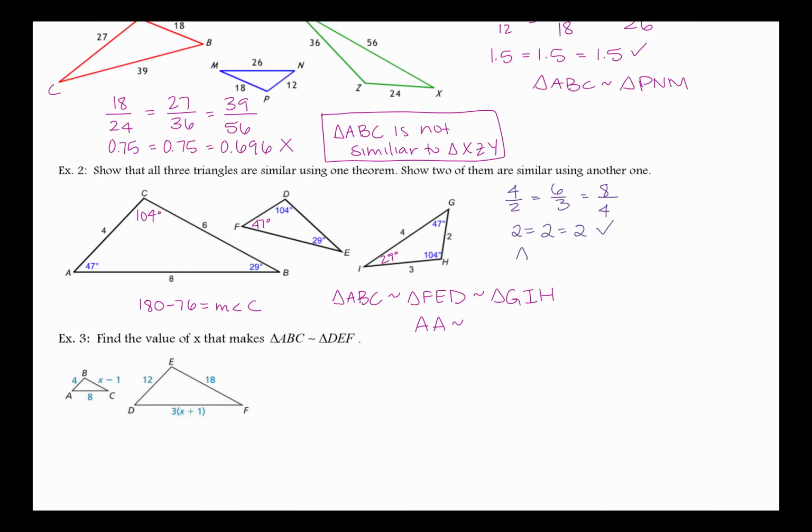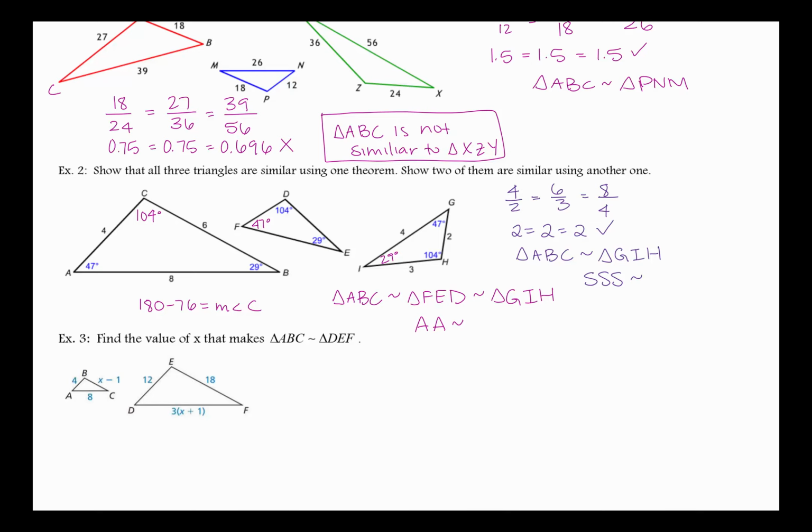So that tells me that triangle ABC is similar. I did A, B, C, so I did the long side and then the medium side. So long side and medium side would be GIH, and that would be by side-side-side similarity. And I can't prove that this one in the middle, DFE or DEF, is similar because we don't have any information about the side lengths.